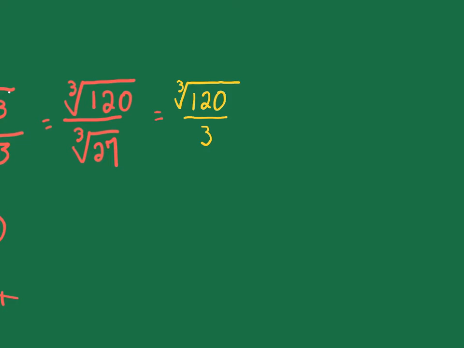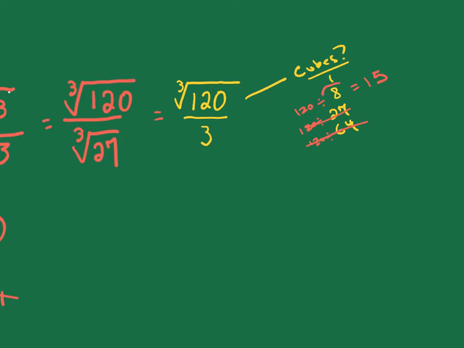So in a lot of cases, you might end at this point, but we want to check to see if there's any cubes in that 120. So 1, 8, 27, 64. You're going to take 120 divided by those and see if anything comes out. 120 divided by 27, 120 divided by 8. That actually comes out to 15.